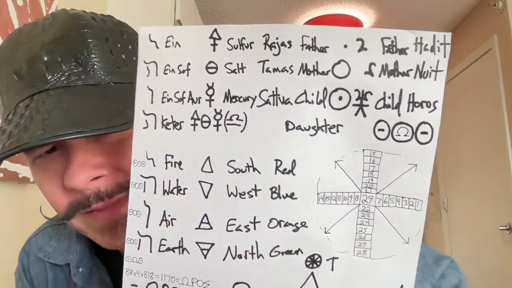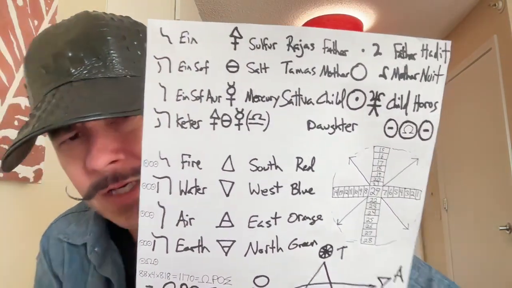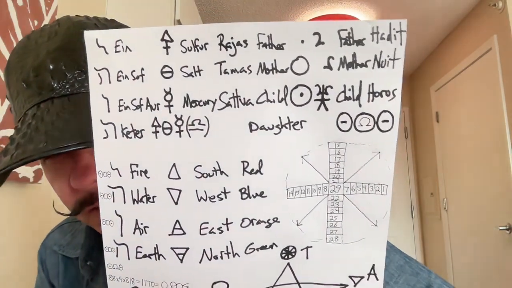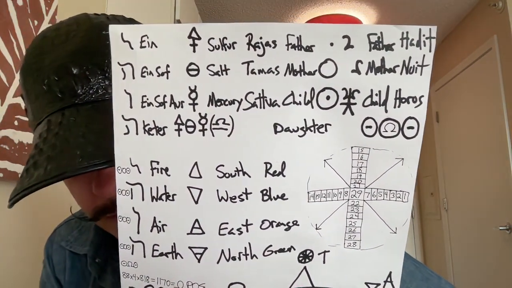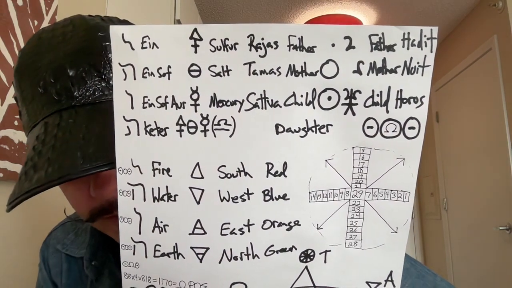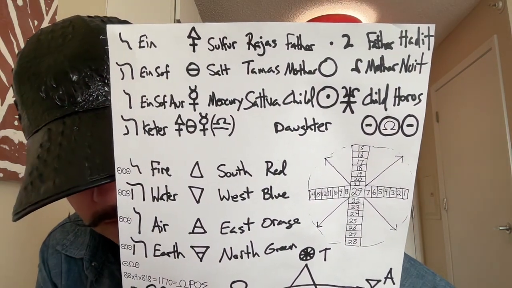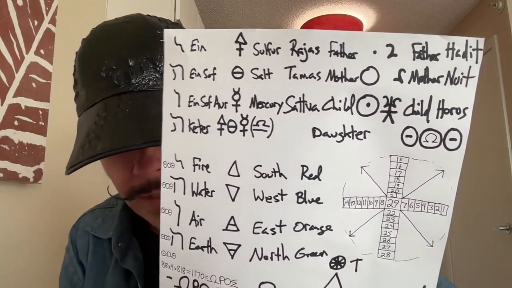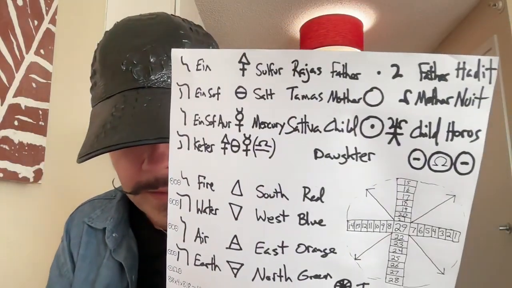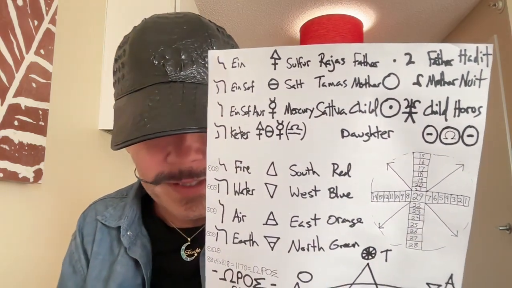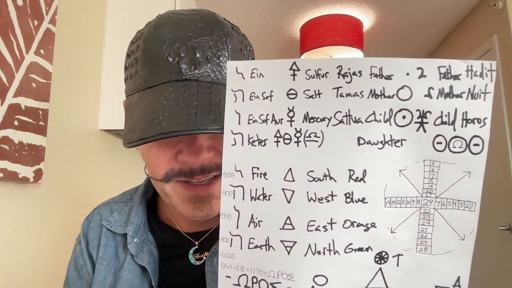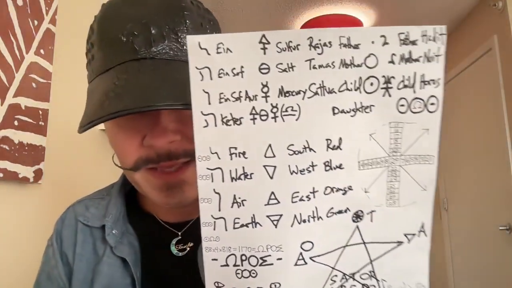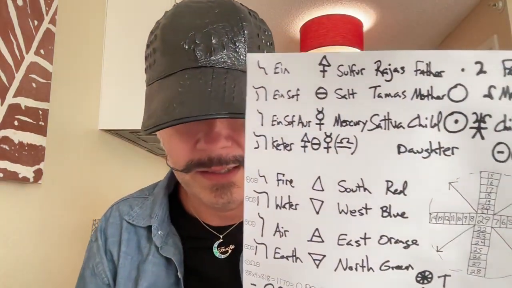As far as sulfur, salt, and mercury and the phases of alchemy, I am sure on these correlations: sulfur and Rajas are the father, salt and Tamas are the mother, and mercury and sattva are the child. Now, the nigredo is a Tamas state comparatively, because it's the first stages of the adept's consciousness.